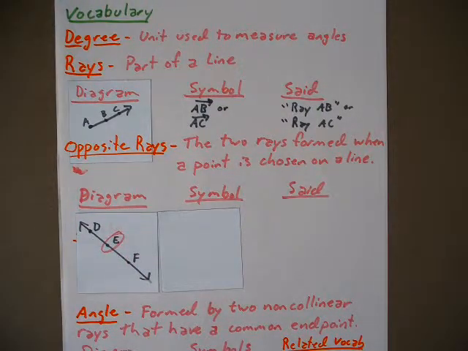if we choose the point E, we can see that from point E we form two rays, which are collinear.